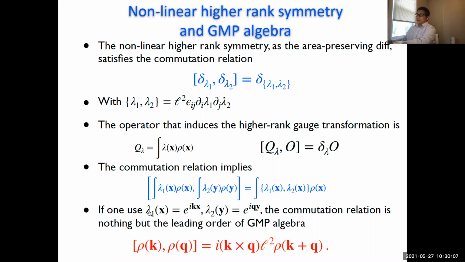And if we use lambda_1 equal to exponential of ikx and lambda_2 equal to exponential of iqy here, this commutation relation gives us the leading order of the GMP algebra. The commutation relation of the charge density satisfies this form. So basically, the nonlinear higher rank symmetry implies the GMP algebra, which is a property of the lowest Landau level.